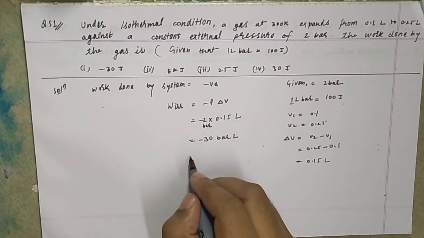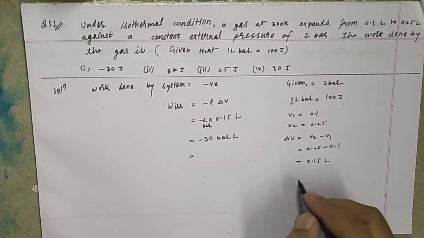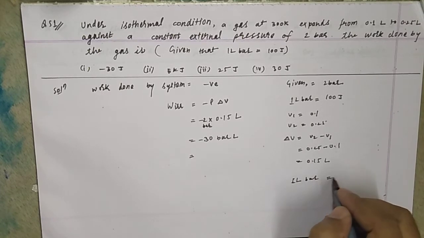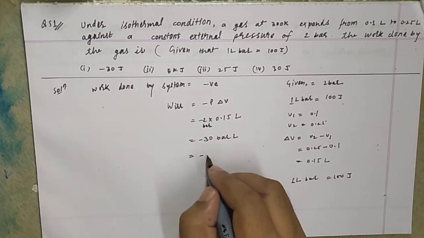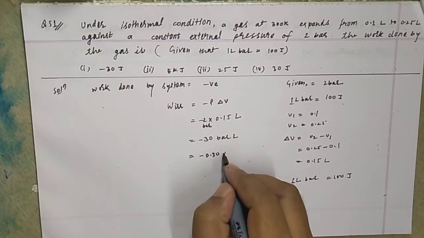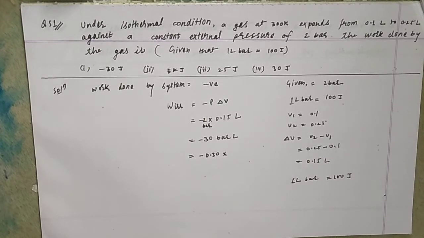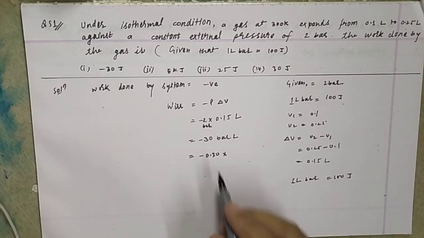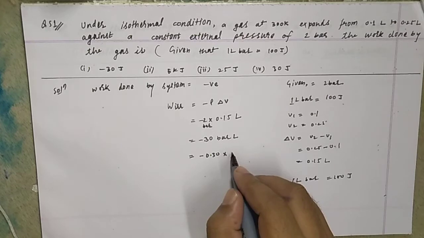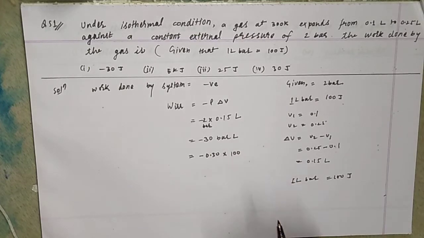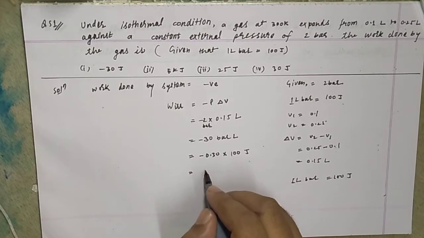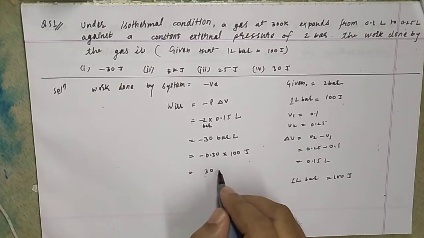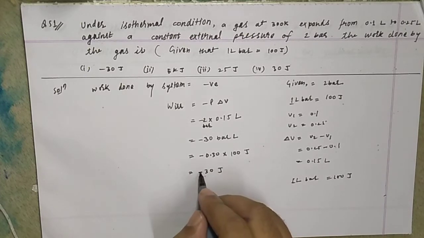We know that 1 liter bar equals 100 joule, so we multiply by 100 joule. So it will come to 30 joule, and the sign will be negative.